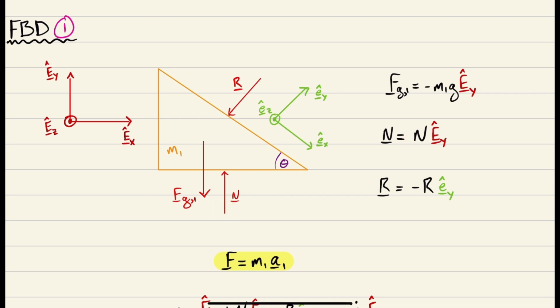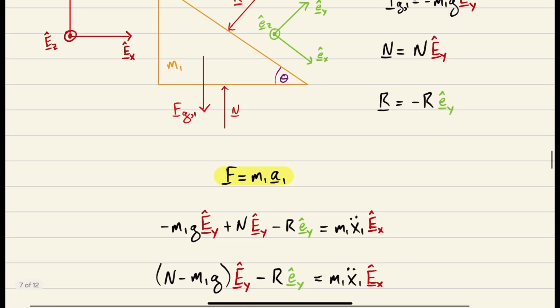The signs take care of themselves as you go through this process. You can just guess the direction as long as you are consistent. And then R, the way we drew R, is in the negative green EY direction. So it's R in the negative green EY direction.